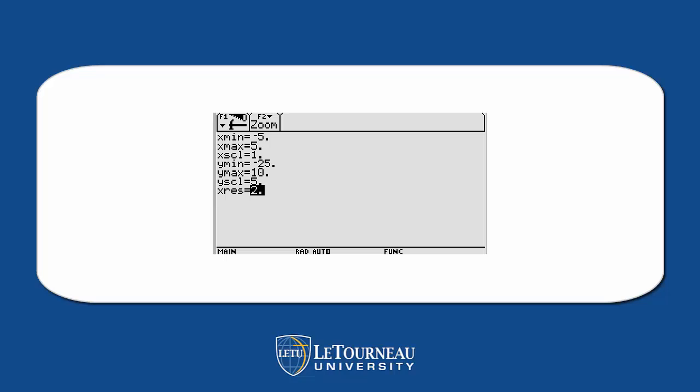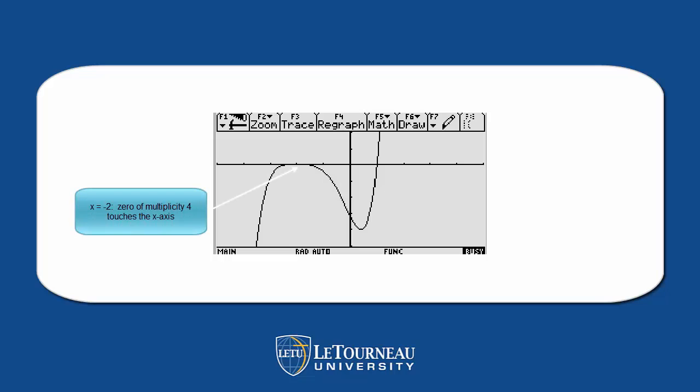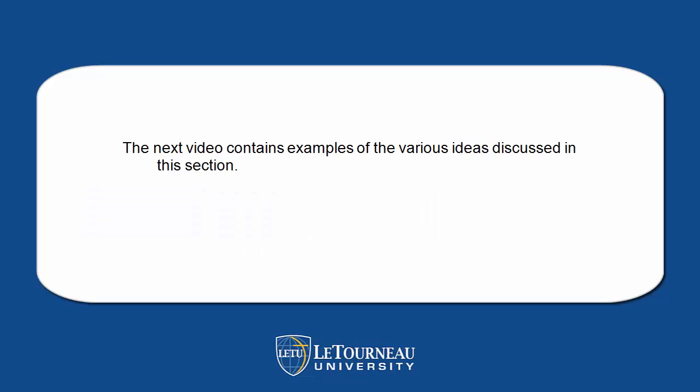We'll scale it at 2, and let's watch a graph appear. Now remember, something interesting should happen at -2. Aha! Do you see the tangent happening there? And then at 1, it goes straight through, because x equal to -2 had a multiplicity of 4.